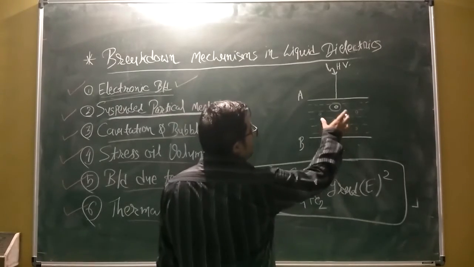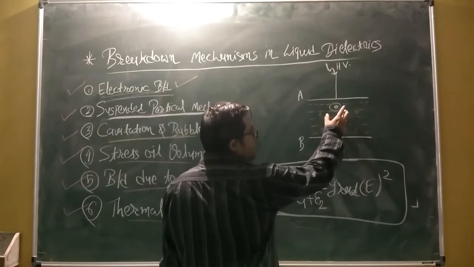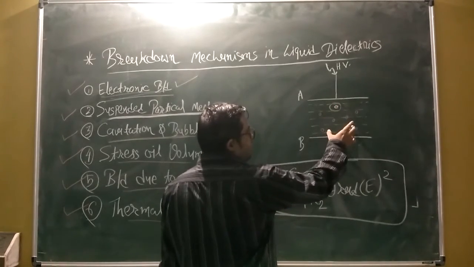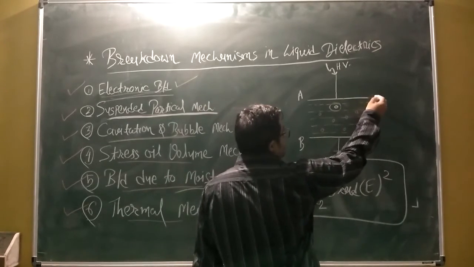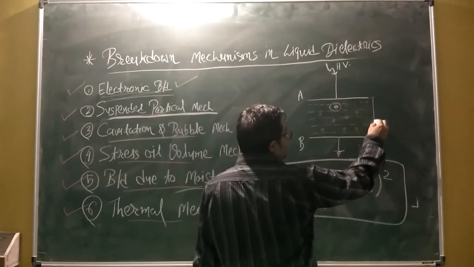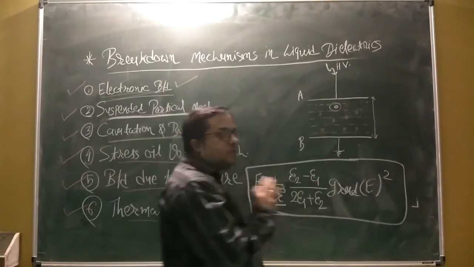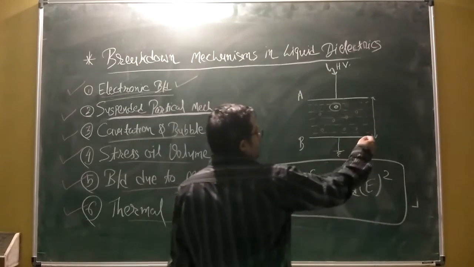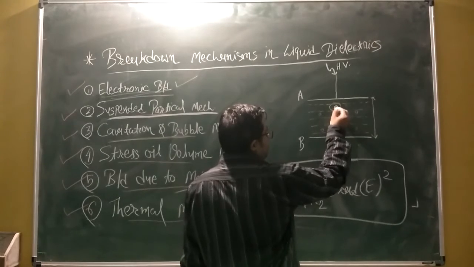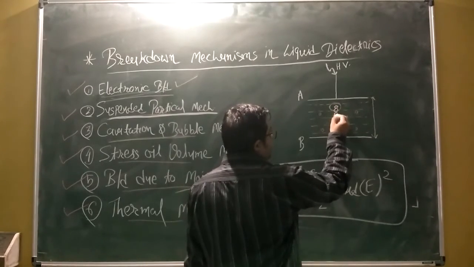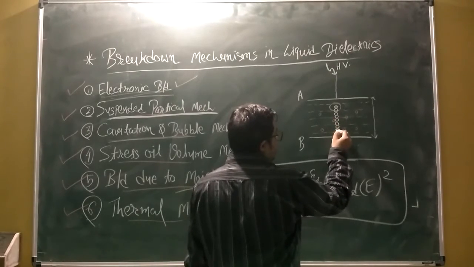So all these particles now move towards the maximum stress region from the lower stress region. Okay, if I am starting from this, then the stress is reduced as I am going towards the ground side. Okay, zero potential. So now all this will align in the direction and finally bridge the gap.